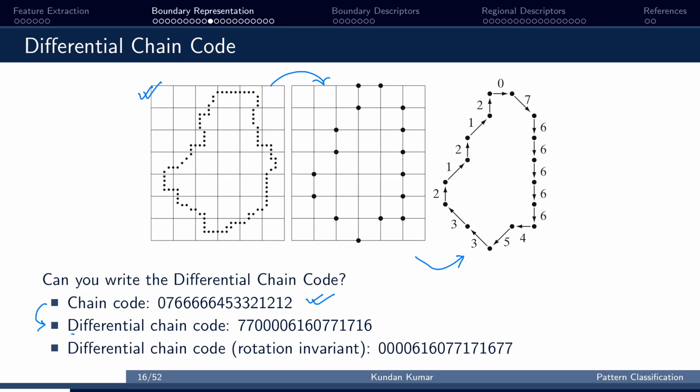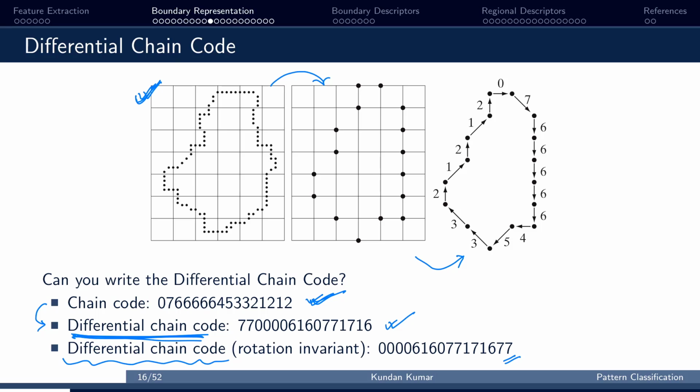This differential chain code is obtained by taking the first difference of the chain code, and then we make it independent of the starting point so that our differential chain code has become rotation invariant. So we will obtain this differential chain code which is rotation invariant for this shape.